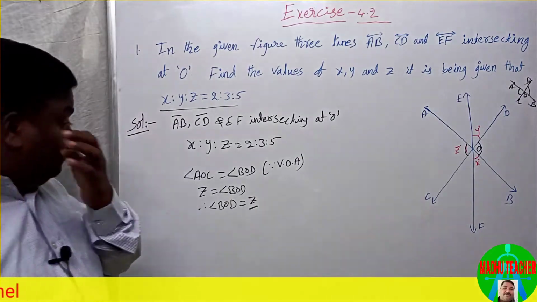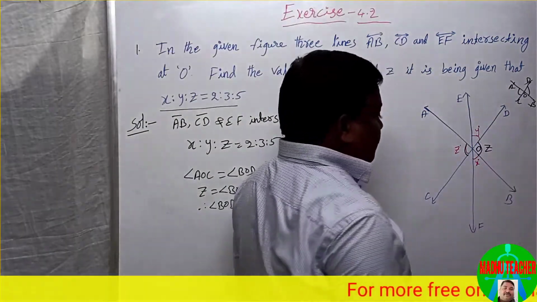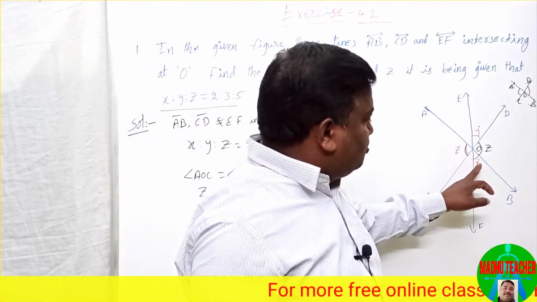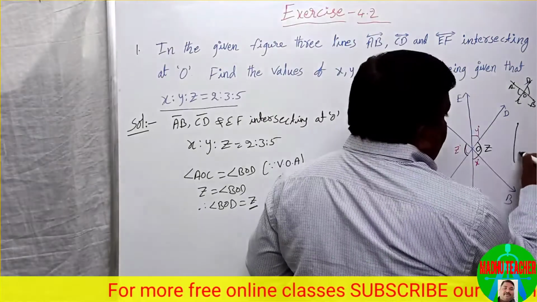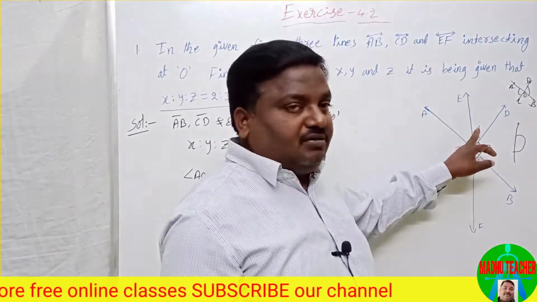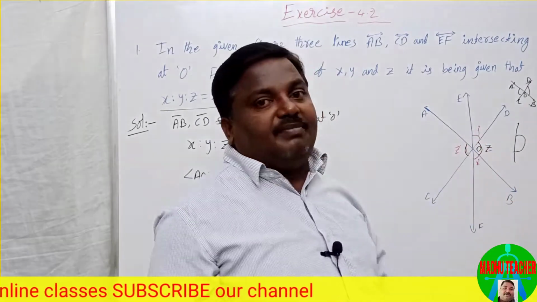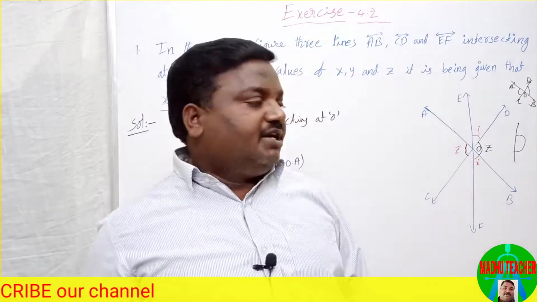And this is the Z. Observe these angles X, Z and Y. They are on a line, so these three are supplementary angles. That means the sum of these three angles is 180 degrees.